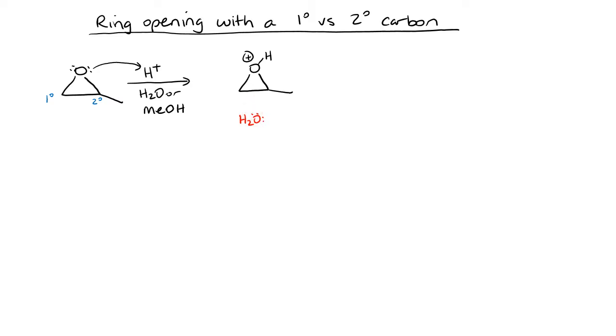So in the case of a primary versus a secondary carbon, we're going to choose our carbons based on sterics. Now it's a lot easier for our nucleophile to attack the primary carbon because it is less hindered. So that's what we're going to see in these particular cases. Our water will attack the primary carbon and give the electrons to oxygen.